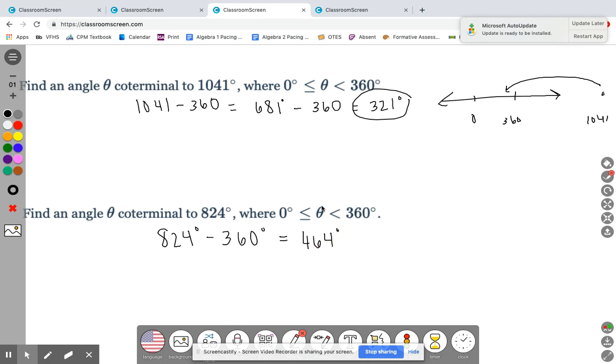If this was in between 0 and 360, we could be done and just circle our answer, but we're not in between it yet, so we need to subtract another 360 degrees. And I get to 104 degrees. So 824 degrees is coterminal. It would end up sharing an initial side and a terminal side with 104 degrees.